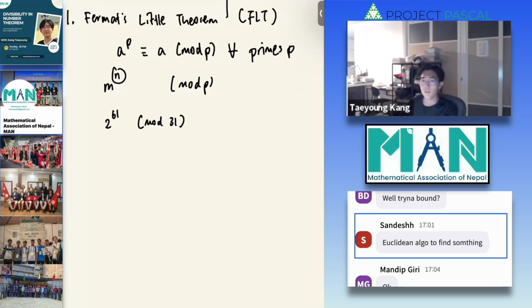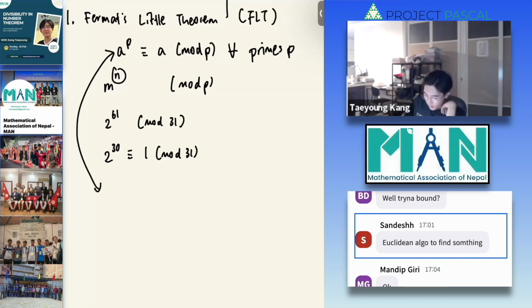The way you would do it is basically by Fermat's little theorem, we have that 2 to the power of 30 is congruent to 1 mod 31, because this is equivalent to a to the power of p minus 1 is congruent to 1 mod p as long as p does not divide a.